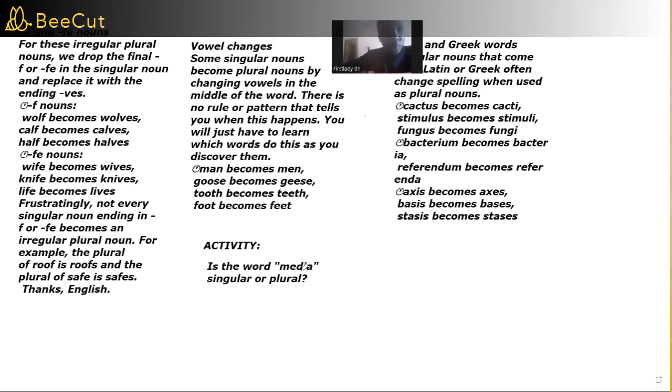Why do you say singular? Media is plural while medium is singular. You get it? Yes, sir. So the singular is medium, while the plural is media.